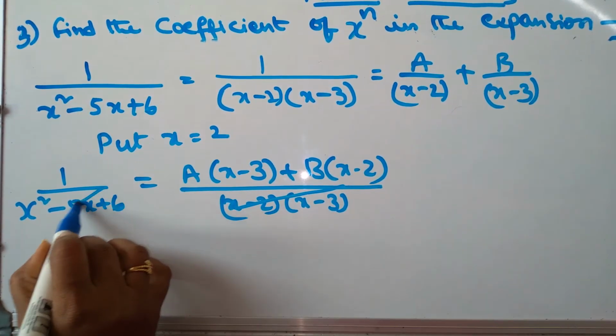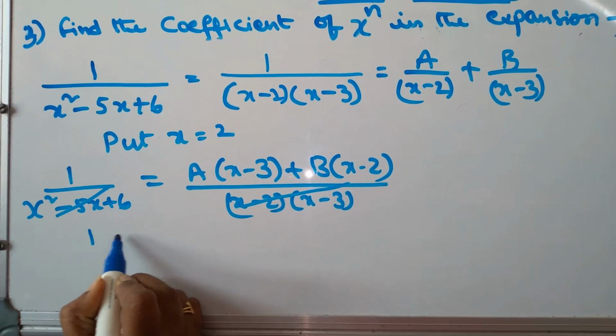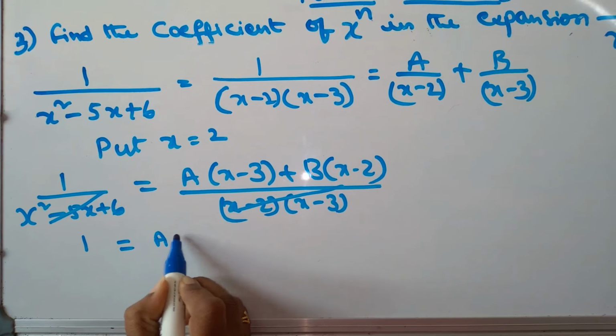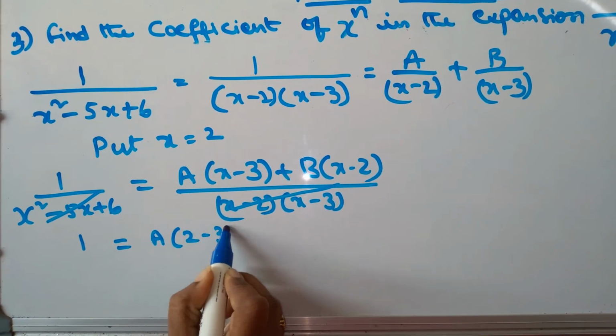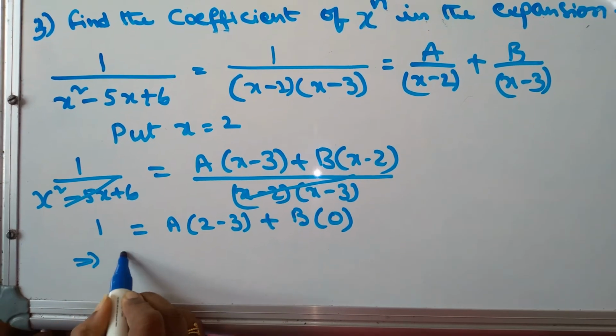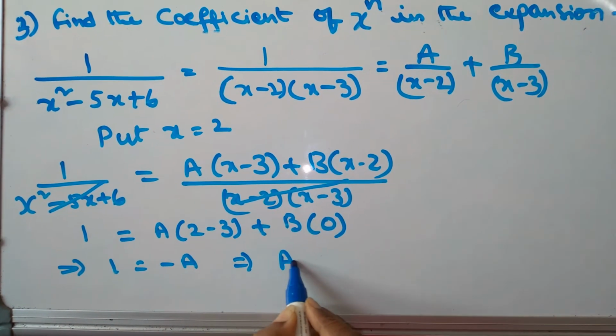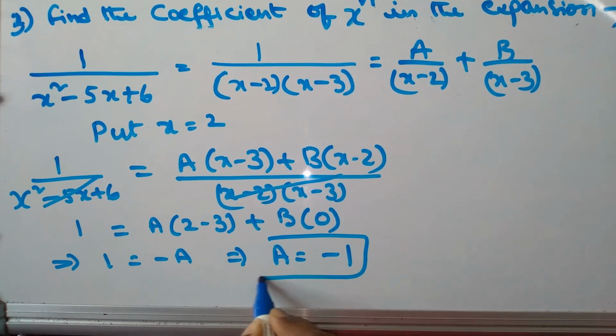Cancel out the denominator and then put the value x equals to 2. We get 1 is equal to a into 2 minus 3 plus b into 0. That implies 1 is equal to minus a, implies a equals to minus 1.